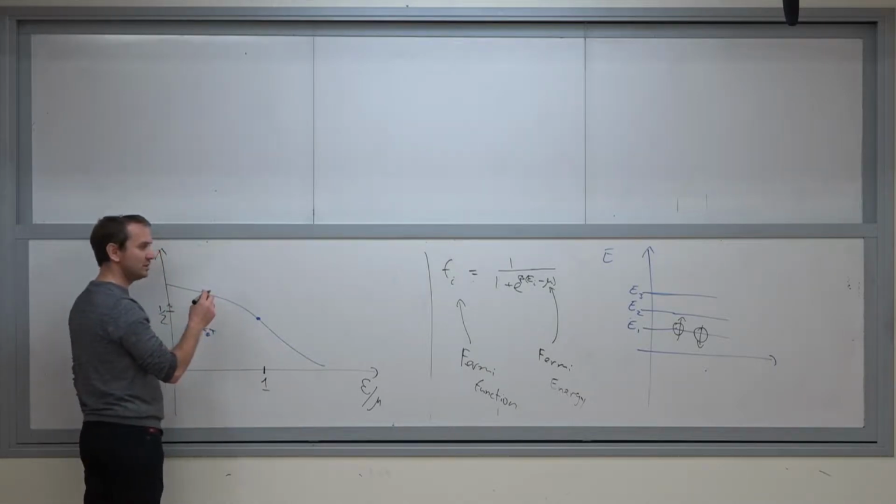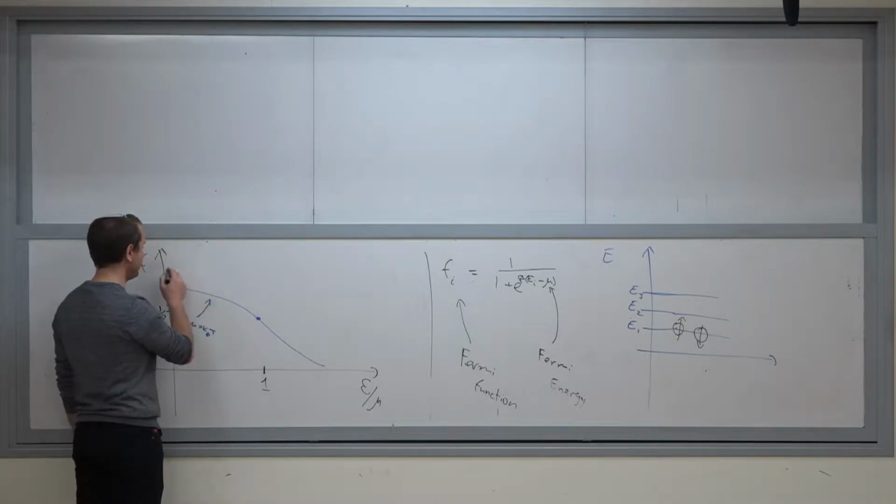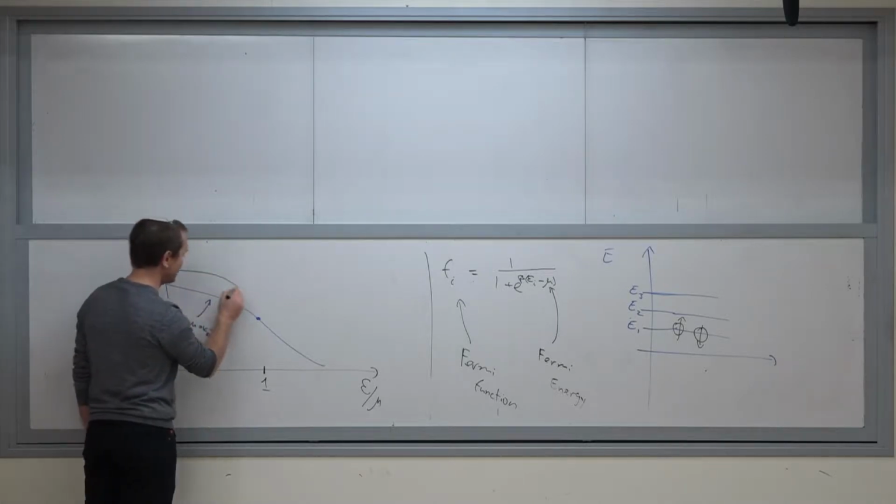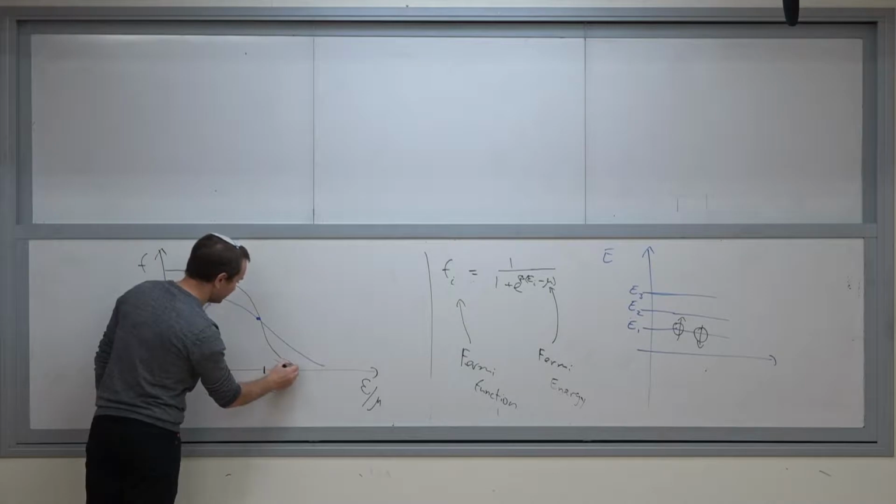We can increase the value of mu, right? And then we went to something that looks like this.